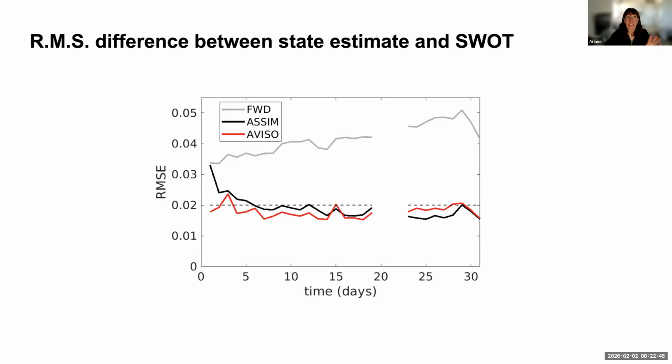But Aviso gives us a two-dimensional SSH product, whereas the state estimate has this three-dimensional dynamically consistent feature, which makes it harder to fit a specific data set.